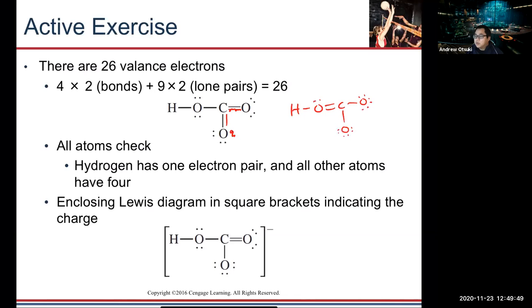That ambiguity means that the true structure for carbonate cannot be represented by just one of these structures. It's actually a hybrid of all of them.